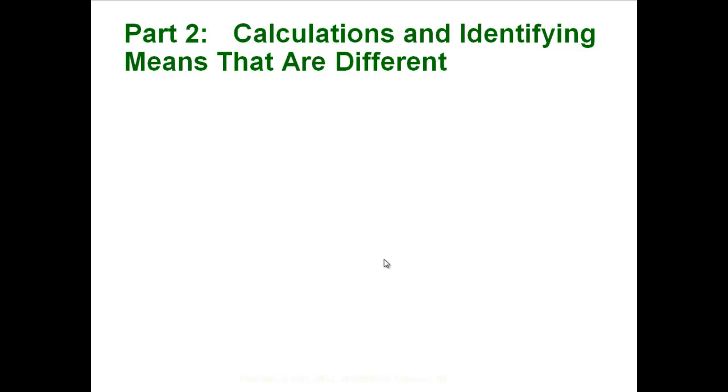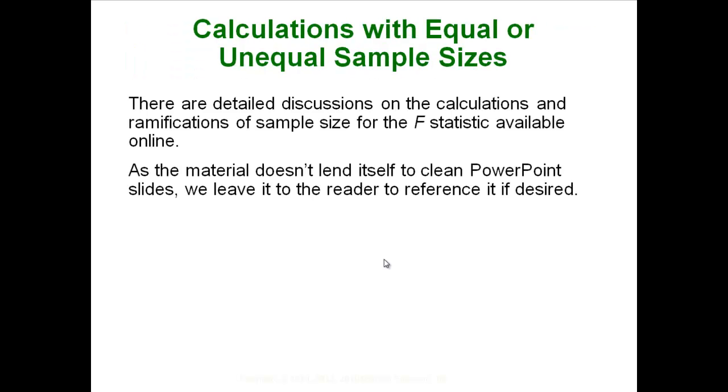Okay, we said that there are some ways to then identify which of the means are different once we found that there is a difference. There are detailed discussions on the calculations and ramifications of sample sizes and things like that that you can look at online. We're not going to have time to go into that.